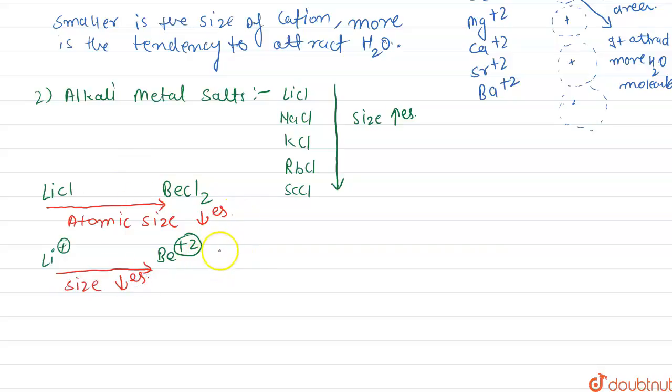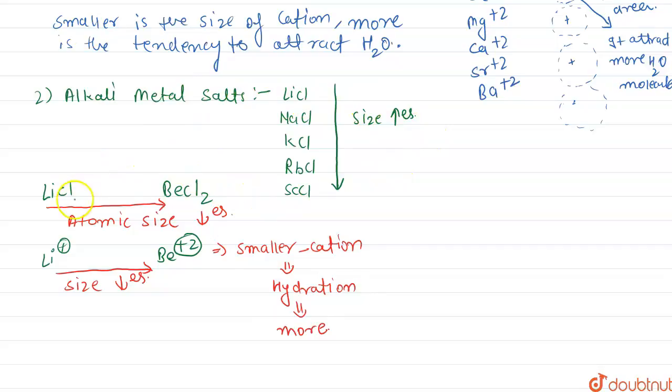And we know that the smaller the size of the cation, hydration will be more. Therefore, the alkaline earth metal salts have higher hydration than the alkali metal salts.